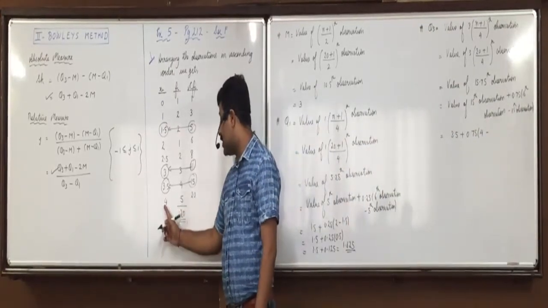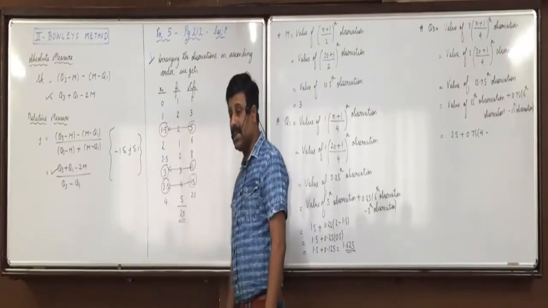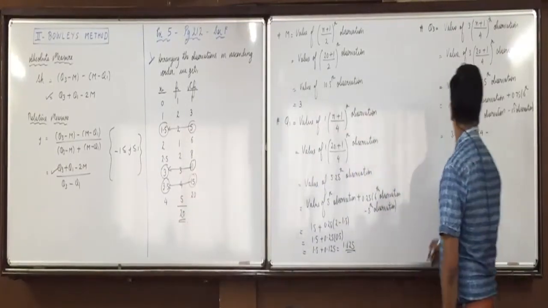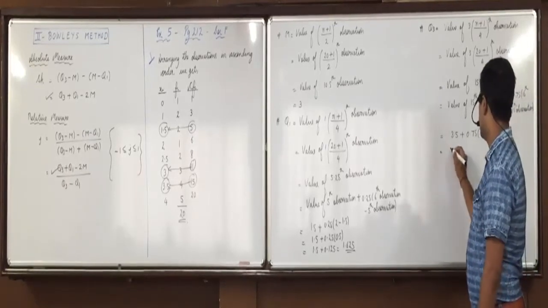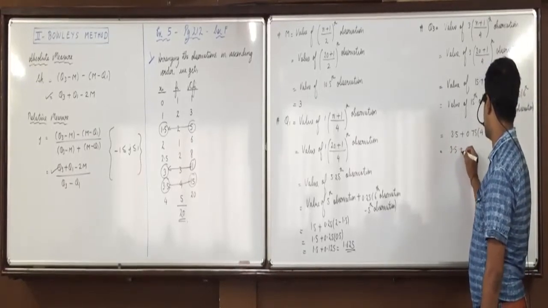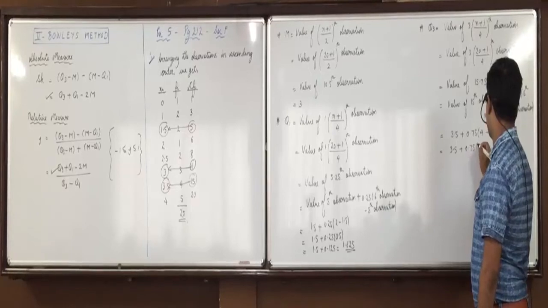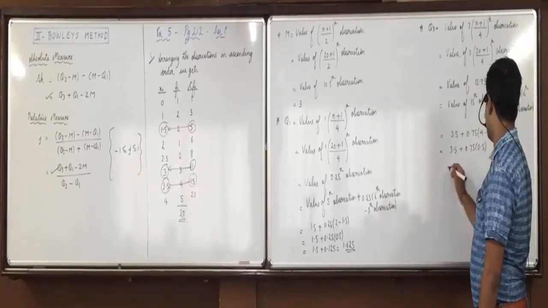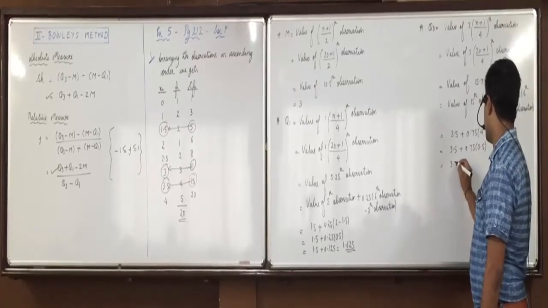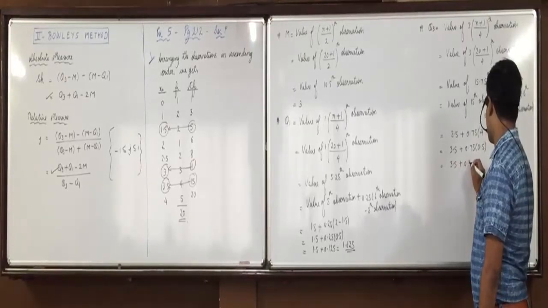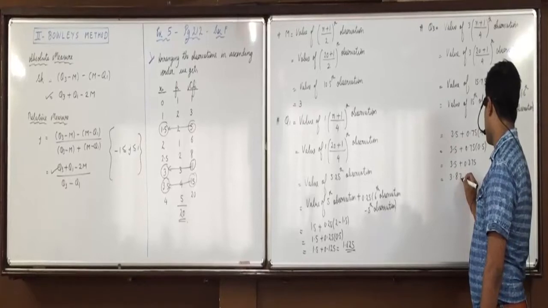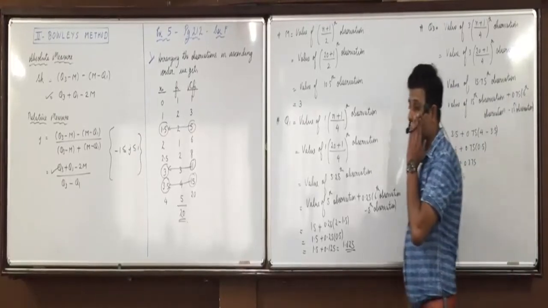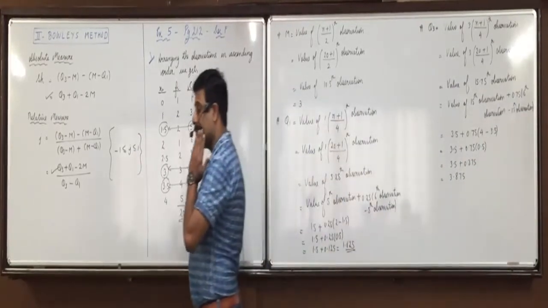After 3.5, the 16, 17, 18, 19, 20, all observations are 4th. Minus the 15th, which is 3.5. So 3.5 plus 0.75 into 0.5. So 3.5 plus 0.375. That is 3.875. Did you understand this?